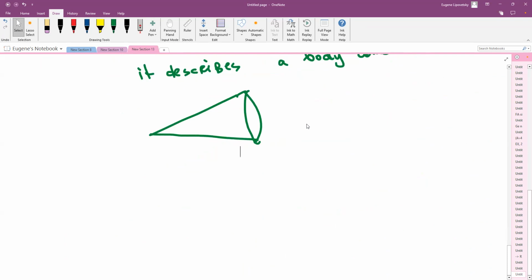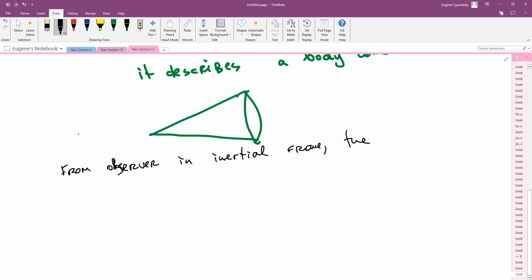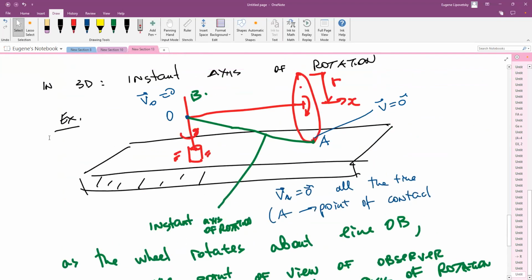But from the point of view of an observer in the inertial frame, meaning on the ground, this axis just moves around like this, right?